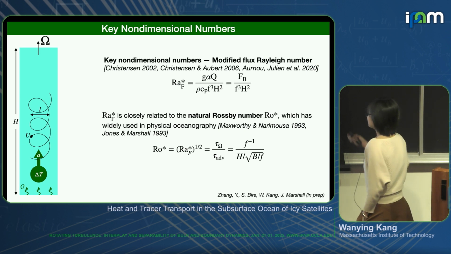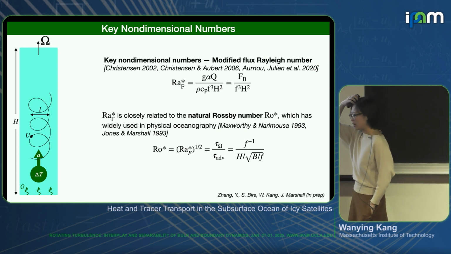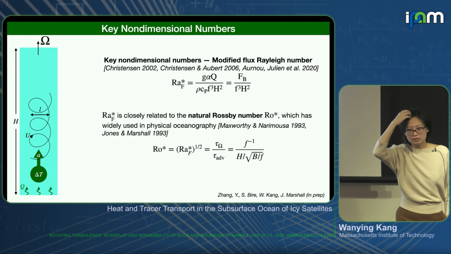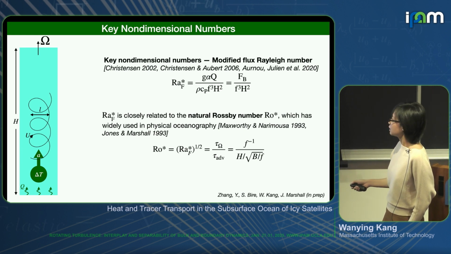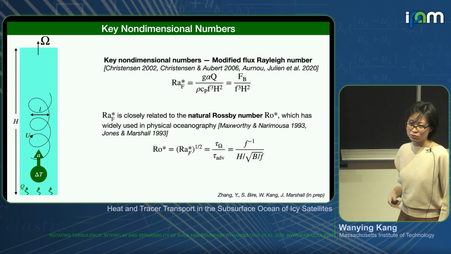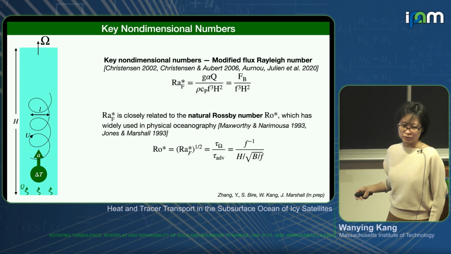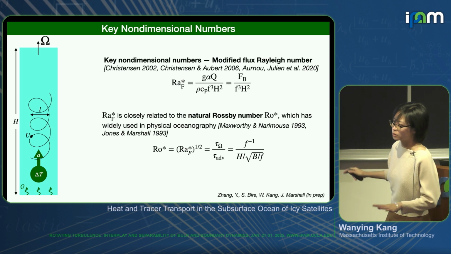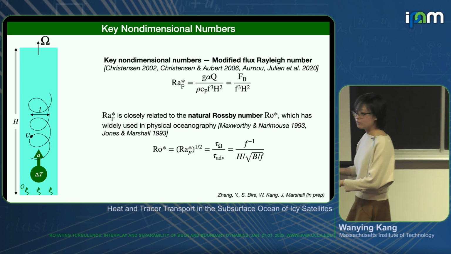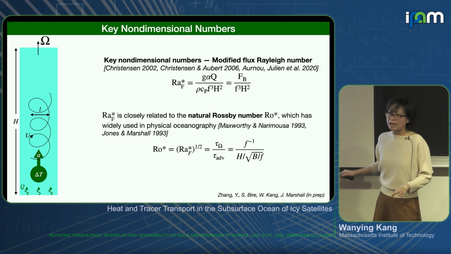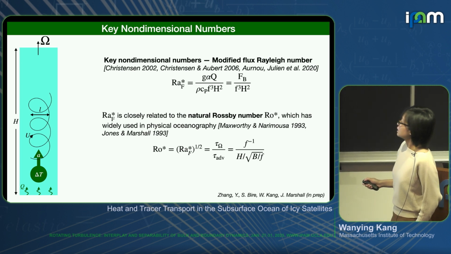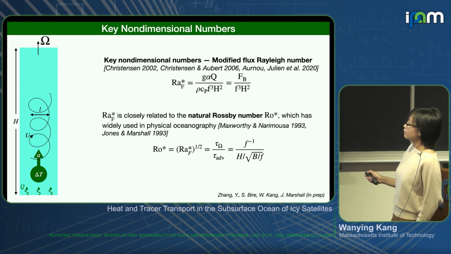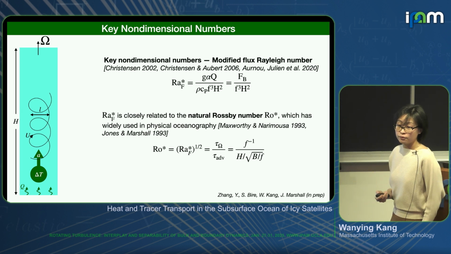But I just want to say that from an Earth oceanography point of view, the non-dimensional numbers that we use the most are usually not related to diffusivity or viscosity, mostly because on Earth there are a lot of things going on in the boundary layer. You don't have a perfect boundary. Okay, and this motivates us to use the modified flux Rayleigh number instead of the Rayleigh number and Ekman number combination.